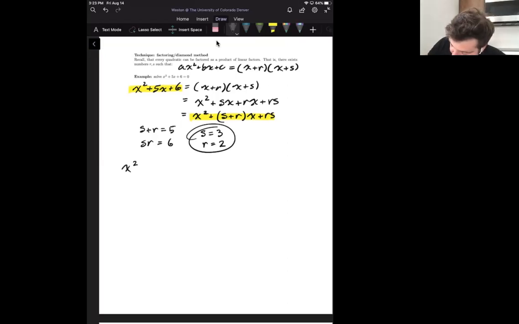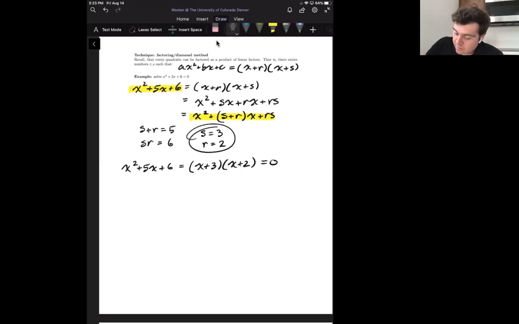We write x squared plus 5x plus 6 equals (x plus 3)(x plus 2), and that whole thing equals 0. Then we just look for the values that make one of these terms 0.